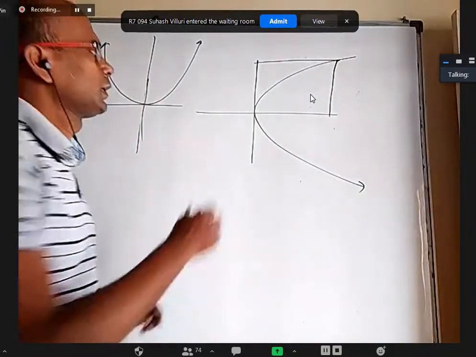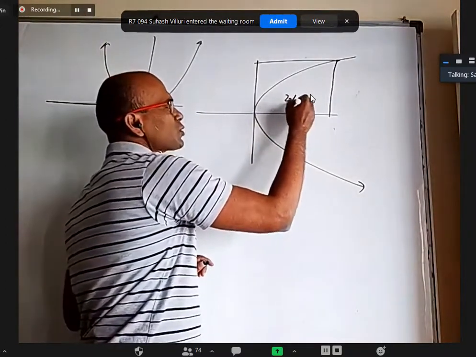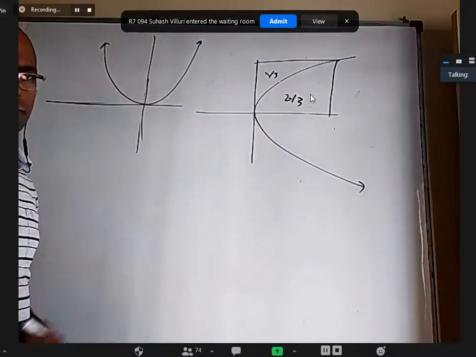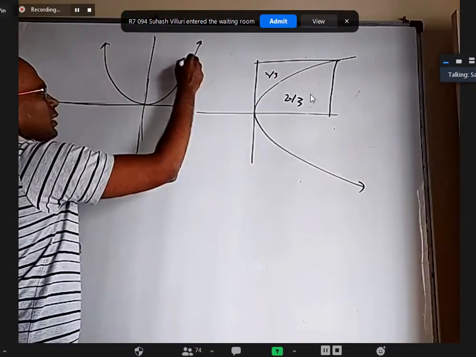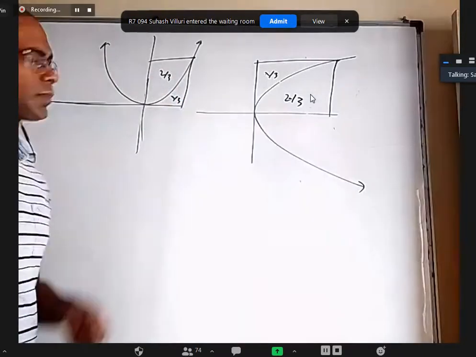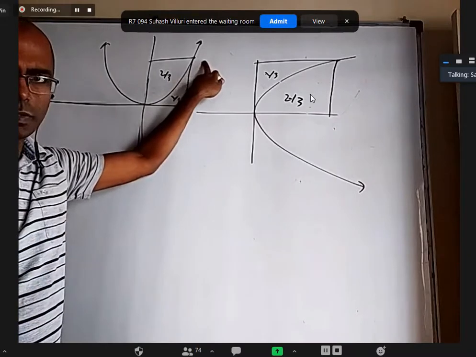This area will always be 2/3 of this rectangle, and this area will be 1/3. And when I take a parabola like this, this will be 2/3 and this will be 1/3, because this is in the form of the y equal to x square parabola.